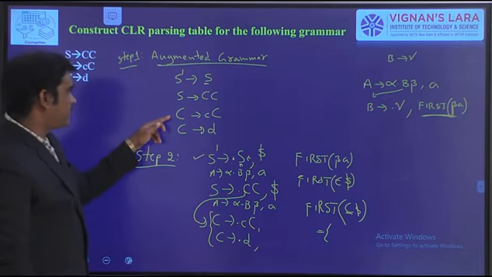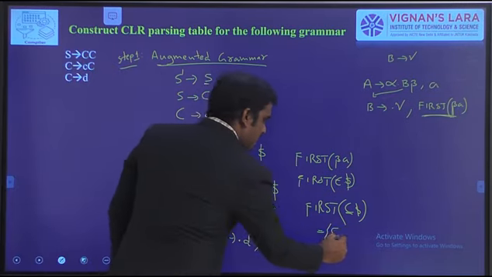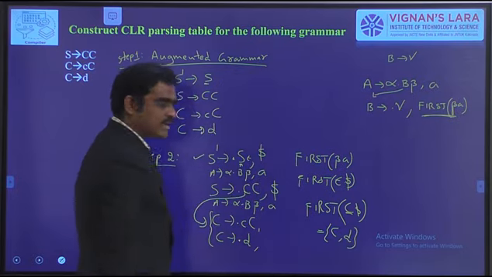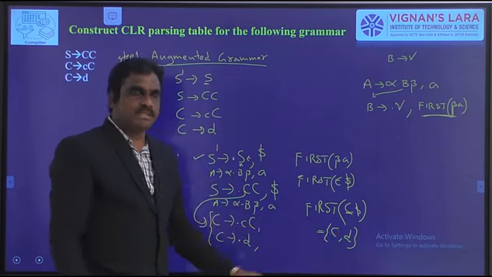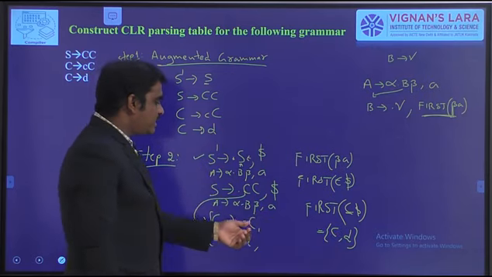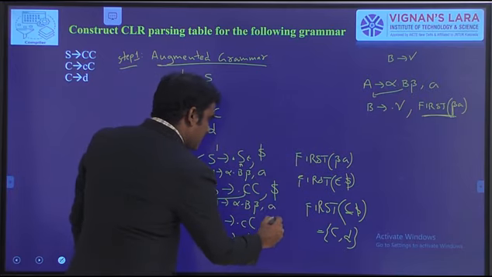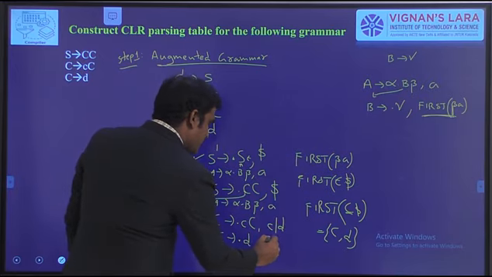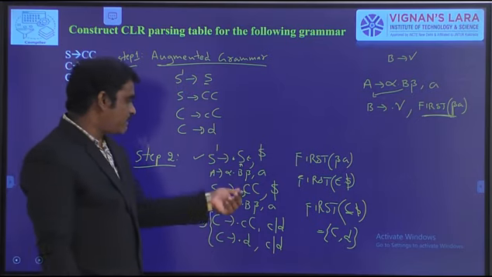C is a non-terminal. First of C means small c or d. So the first of beta A result is c comma d. The length of the lookahead symbol is 1, so you can write c or d. Same way c or d, because these two productions are derived from here only.